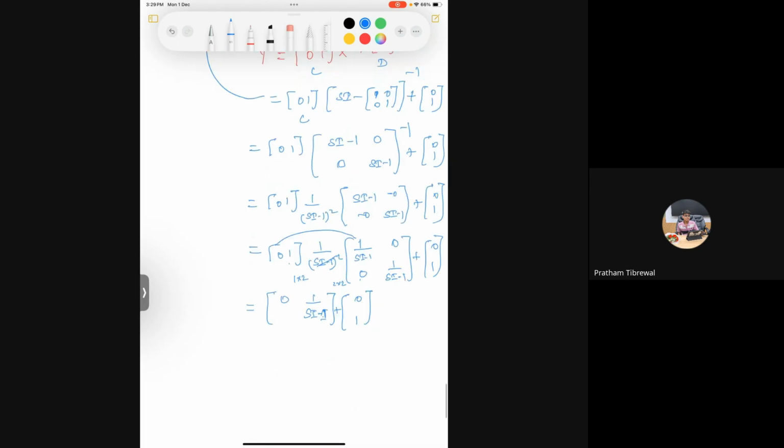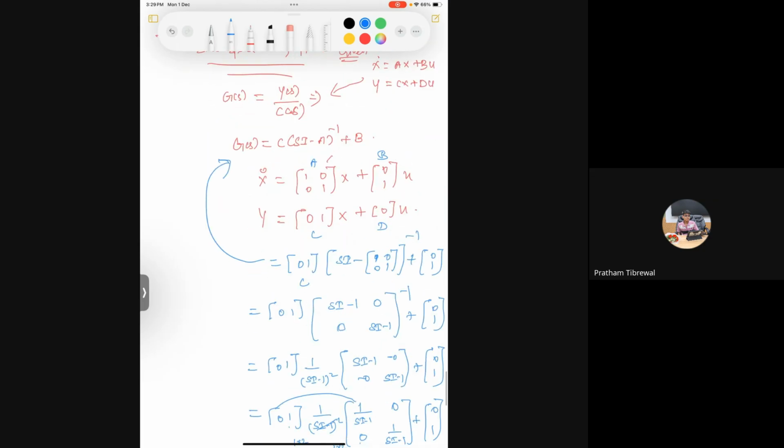But how will this multiplication be done there? Oh, sorry. This is not plus. Sorry, I made a blunder here. It's not plus, it's into. Everything is into. So that's why I'm not getting the answer here. Okay. Plus D. So I had written that as plus B. Okay. C Si minus A inverse into B plus D. So there won't be any minus here. So everything will be done.